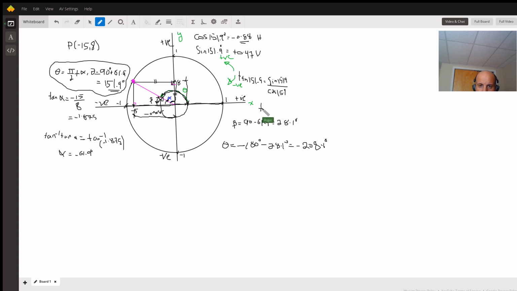So the tangent of 151.9 is nothing but 0.47. I'm running out of room. I'm going to go on a different board. So tangent 151.9 is equal to, we said, going back to the board here, 0.47 over minus 0.88.